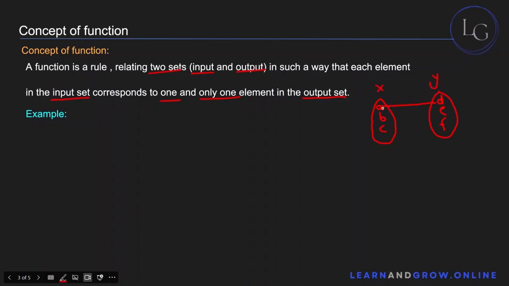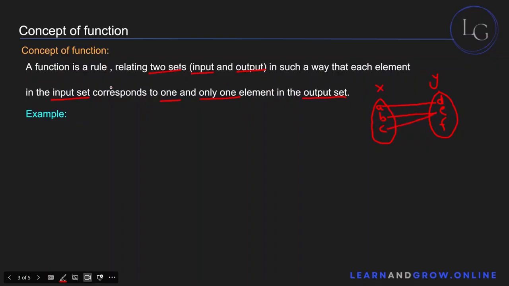So this is one correspondence, and let's say that B corresponds to E, right? And let's say that C corresponds to E as well.